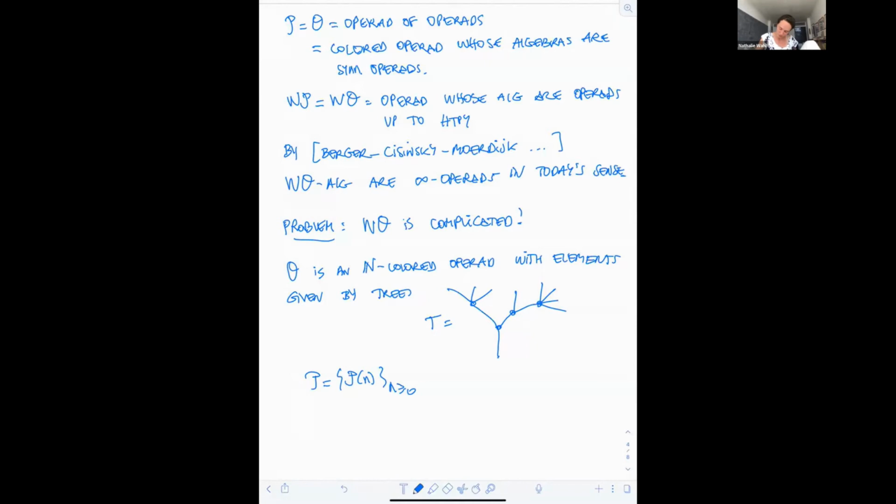If I have a tree operation here, an element x in P of 3, and an element y in P of 4, and some other element here, this tree is giving me a way of composing them. Every tree like this can be thought of as a way of composing operations.